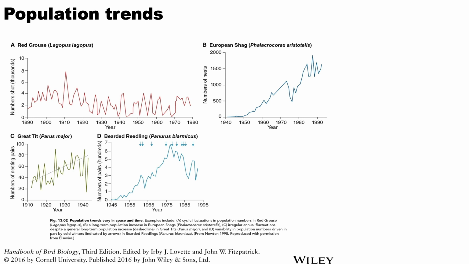Then in nature, when you look at birds, you see all these different kinds of growth patterns. That is a red grouse, which shows some sort of cyclical growth pattern. Then you have late European shags, which seem to have increased following an exponential growth pattern. So you see all kinds of different growth patterns.